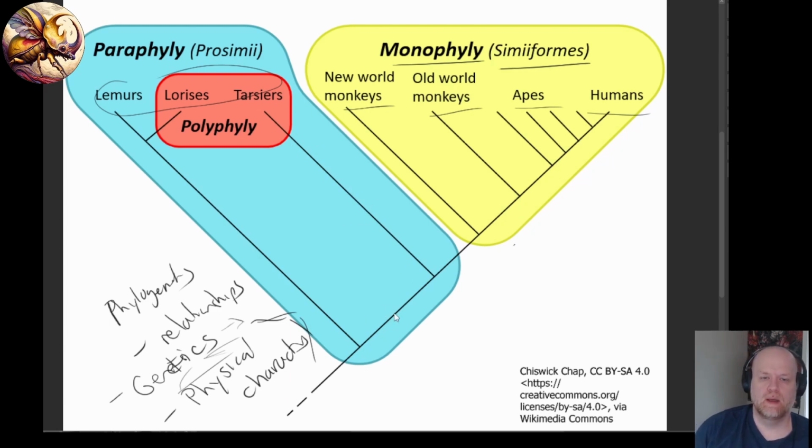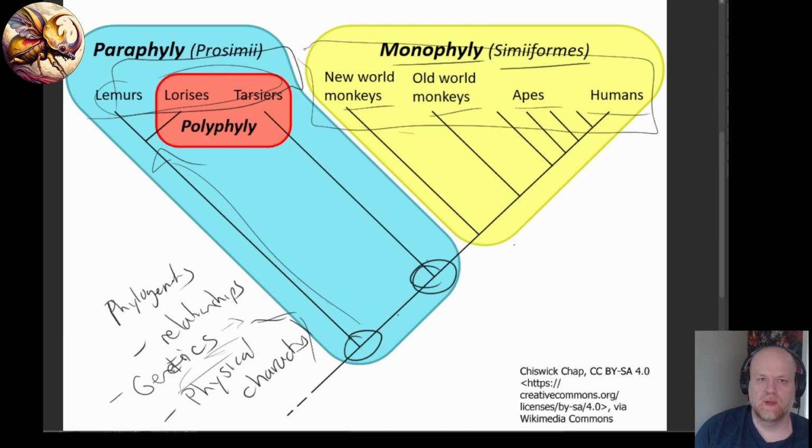So it includes this node and all of its descendants, but it only includes part of this node and its descendants. So the tarsiers are included in this group, but it's missing all of the Simiformes. So this tends to happen quite a bit. Paraphyletic groups are fairly common at the higher levels of named groups.